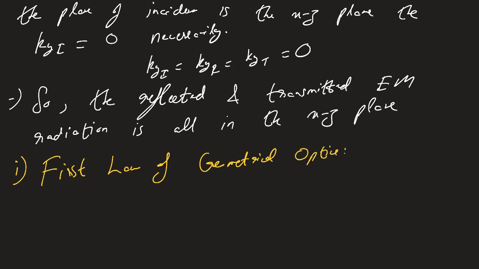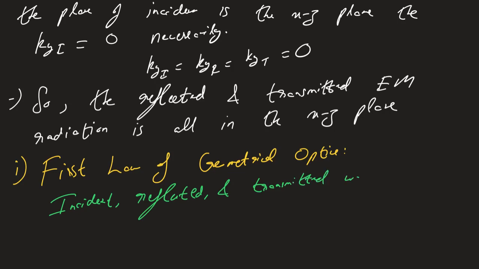And what's that? Well, the law is that the incident, the reflected, and the transmitted wave vectors all form a plane, right?